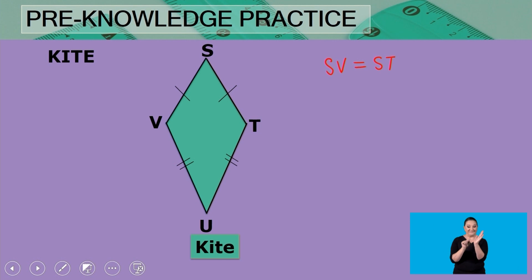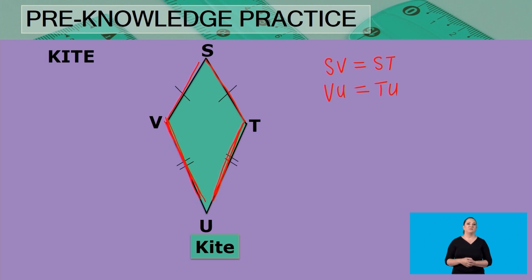We also have the other two adjacent sides that are equal to each other, and that is VU, which is equal to TU. It is not all the adjacent sides that are equal, but only two pairs of adjacent sides. In this case, that is SV with ST, and then VU with TU. Those are the adjacent sides that are equal to each other.